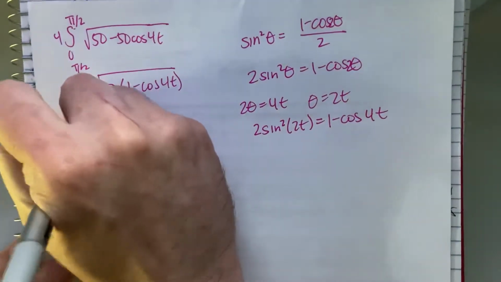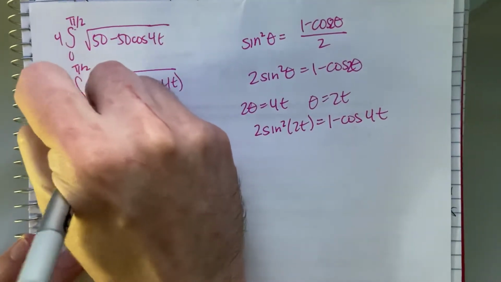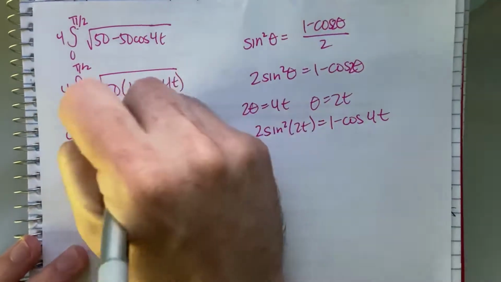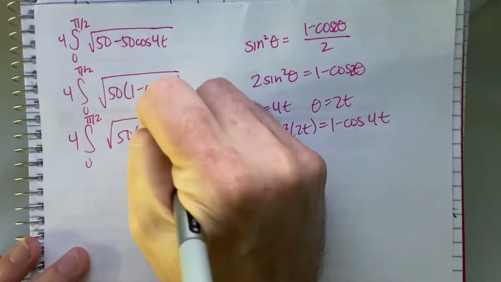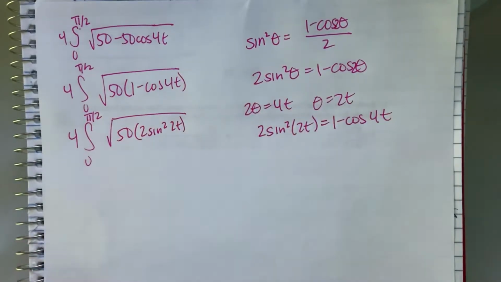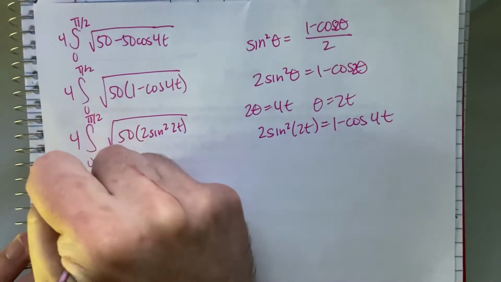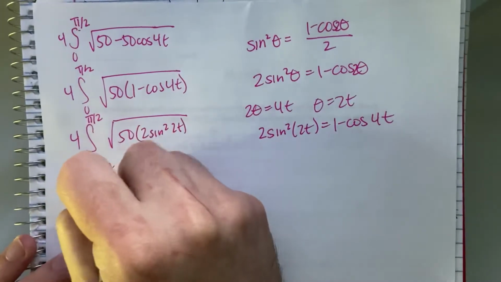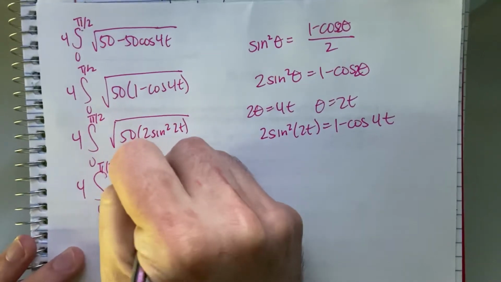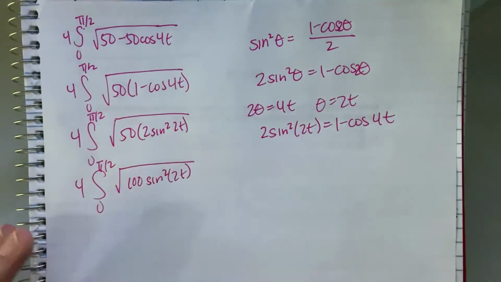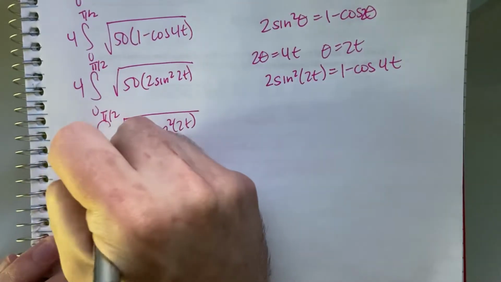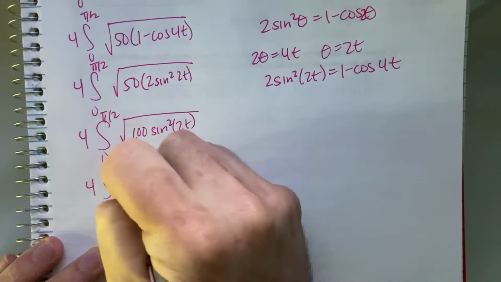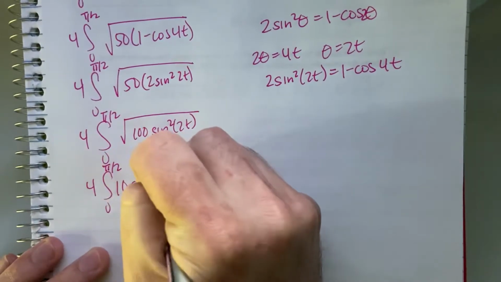So this whole thing turns into 50 times 2 sine squared 2t, which is good for us because this is the square root of 100 sine squared 2t, which is a perfect square, so it's 4 times the integral from 0 to pi over 2 of 10 sine of 2t.